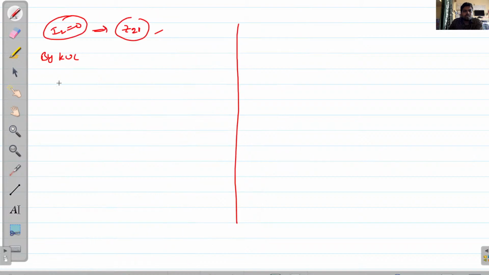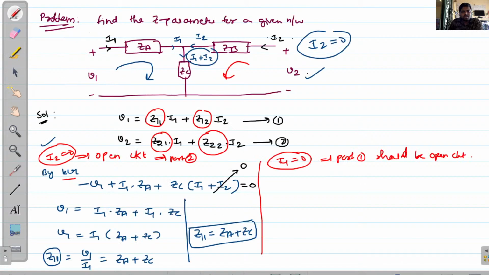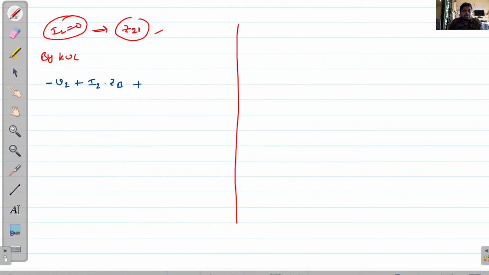So I am taking minus V2 plus I2 into ZB. That means across this resistance the voltage drop equals I2 into ZB. Next, I1 plus I2 into ZC, which equals 0. But according to our assumption, I2 will become 0. Then what you will get?